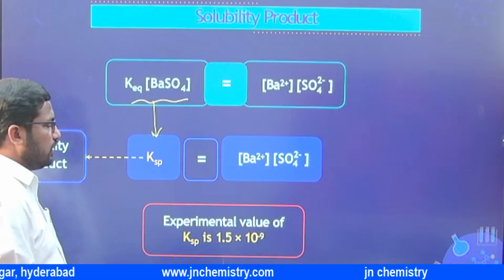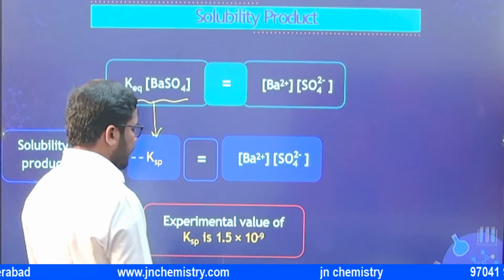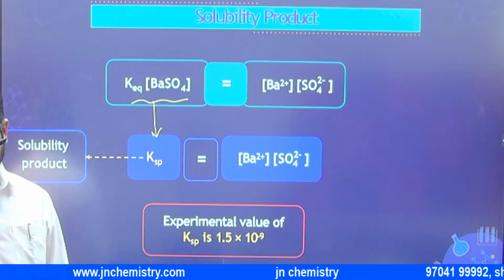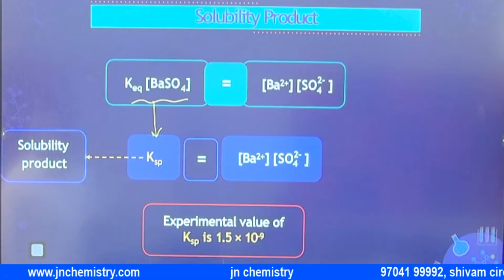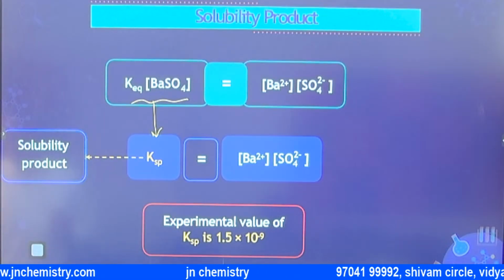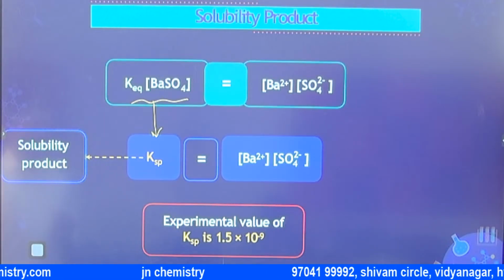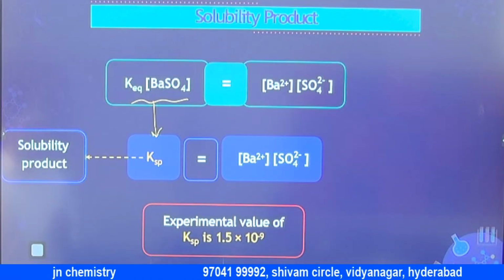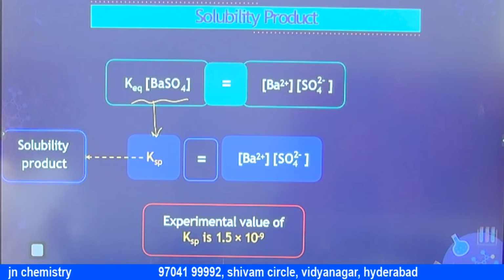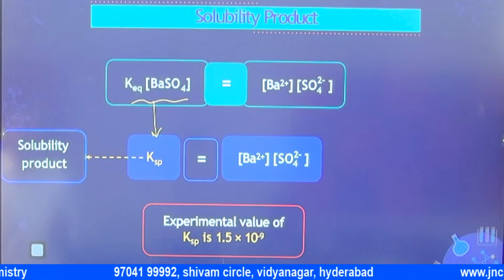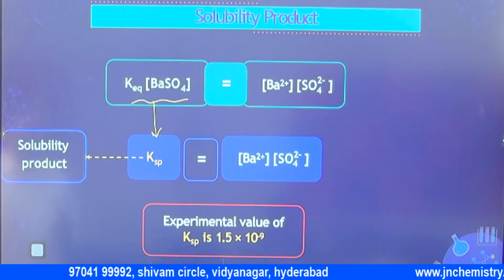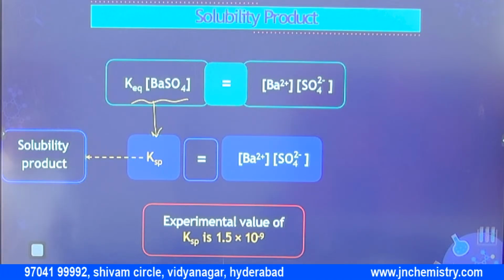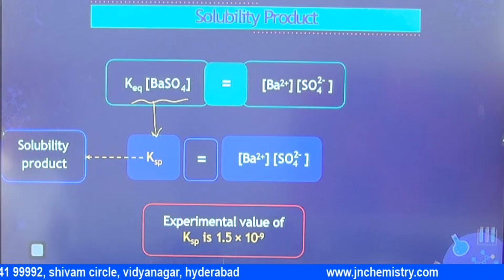Experimentally this value is 1.5 into 10 to the power of minus 9. Write it down.